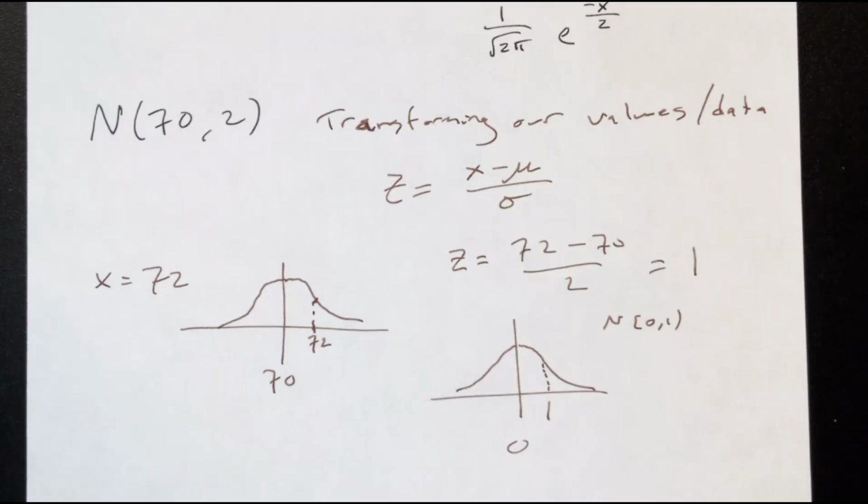But knowing that means I can take any normal distribution I want, no matter what the mean is, no matter what the standard deviation is, and shift it to use this one. By transforming from X to Z, I can convert any distribution to the standard one.